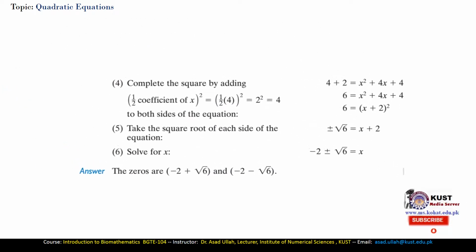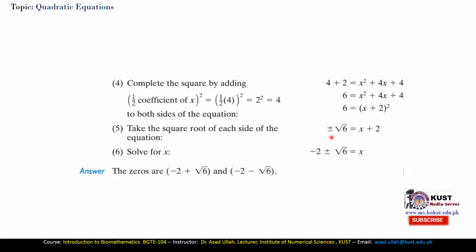Now in step 2, to complete the square, we add 1/2 times the coefficient of x whole square, which is equal to 4 in this case. So adding 4 to both sides, we get 6 is equal to x square plus 4x plus 4. The right hand side is a complete square, so we get x plus 2 whole square is equal to 6. Now taking square root on both sides, we get x plus 2 is equal to plus minus square root of 6.